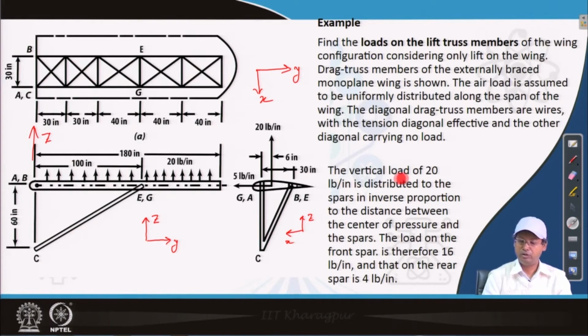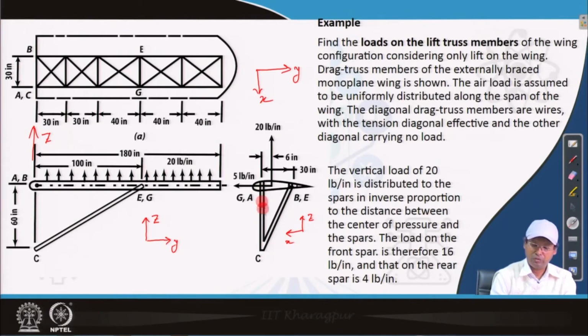The vertical load of 20 pound per inch is distributed to the spars in inverse proportion to the distance between the center of pressure and the spars. These are the two spars, this is one spar and this is the other spar.